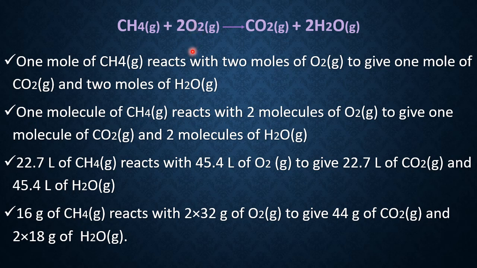So in terms of mass, 16 grams of methane reacting with 64 grams of oxygen to give 44 grams, 32 plus 12, 44 grams of carbon dioxide, and 1 water equal to 18 grams, 2 water equal to 36 grams of water. So I told in the previous chart, in terms of mole, in terms of number, in terms of volume, in terms of mass, they are interconvertible.